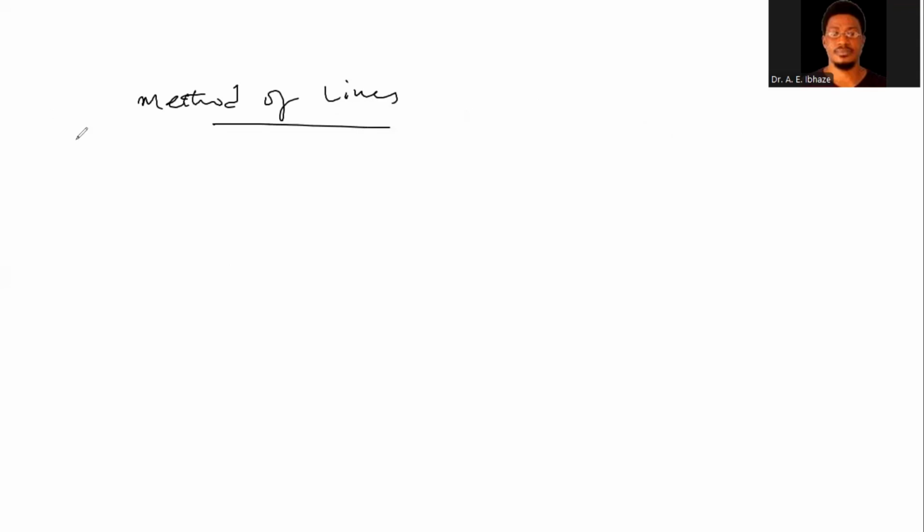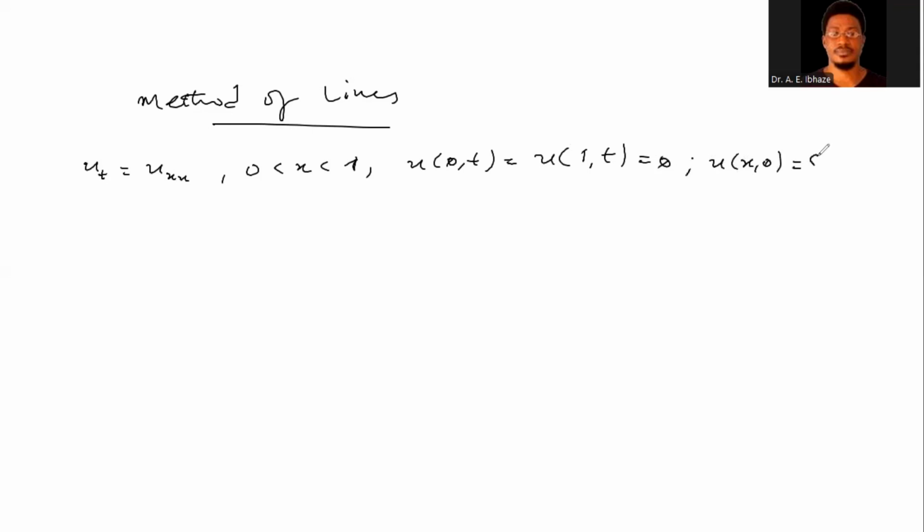If we consider the heat equation, say u sub t being the same as u sub xx, over the interval 0 less than x less than 1, then we have u of 0,t to be the same as u of 1,t being the same as 0, and also u of x,0 to be the same as sine pi x. So the first thing we want to do is to discretize the spatial domain.